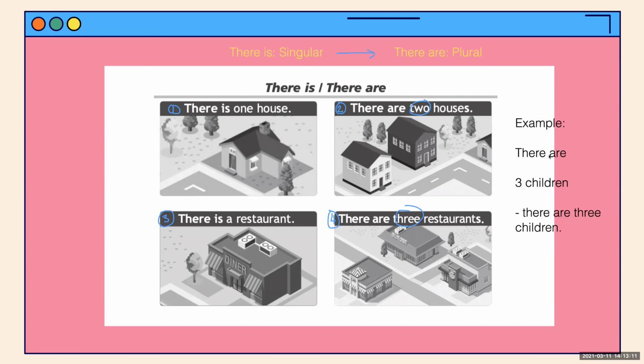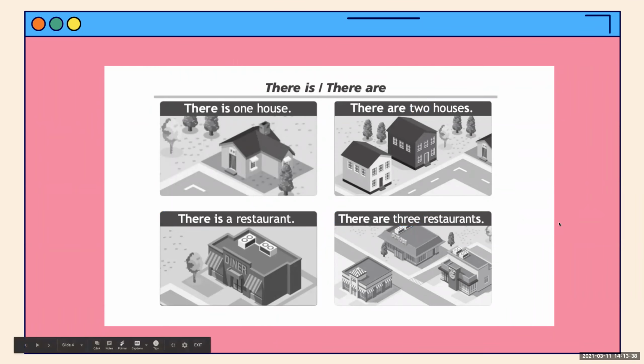That would be our example of there are. Let's go to there is. What if we have the same thing, but instead of having 3, we only have 1 child? Now we're going to say there is 1 child. So again, remember, singular, we talk about 1. Plural, we're talking about more than 1. So let's clear this. Let's go to the next slide.